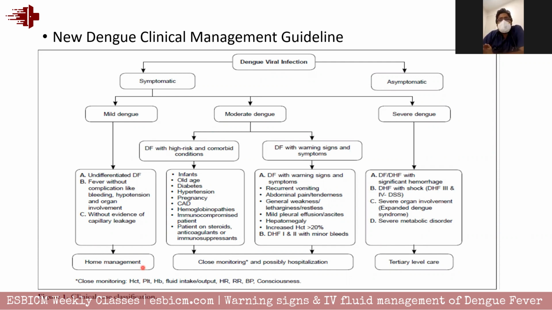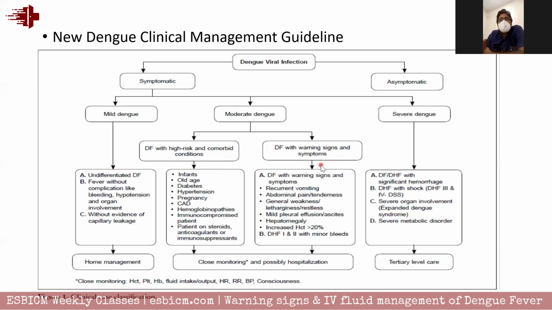Another classification is moderate dengue. What is moderate dengue? Moderate dengue is dengue fever with warning signs, and also patients who have other comorbid conditions. As we have already discussed the warning signs and symptoms, dengue fever with warning signs will come under moderate dengue.